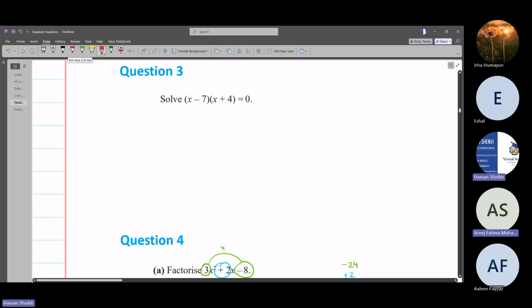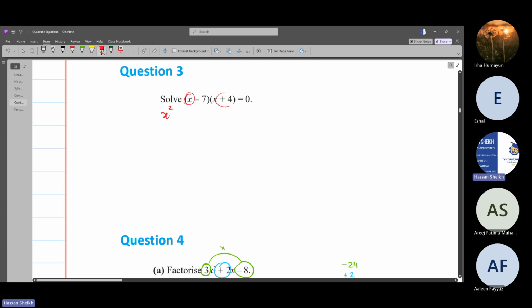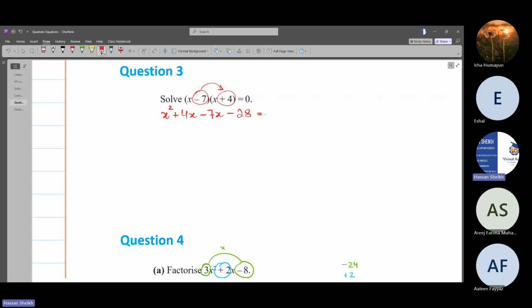Yes. So first, x multiplied with x generating x squared, and then x multiplied with plus 4 generating plus 4x, and then minus 7 multiplied with x generating minus 7x, and then minus 7 multiplied with 4 generating minus 28 equals to 0.